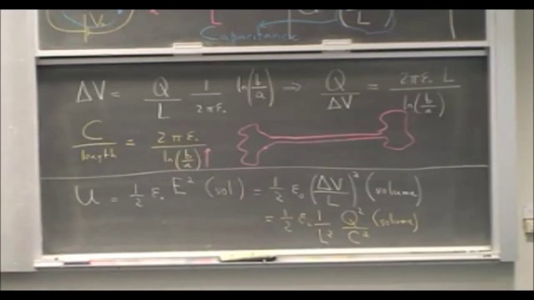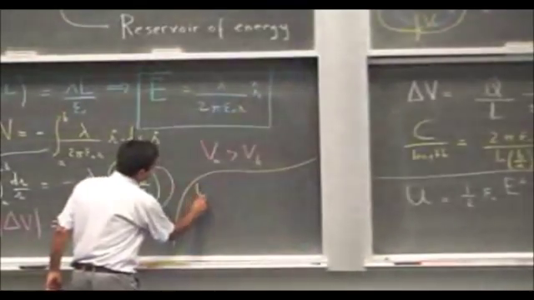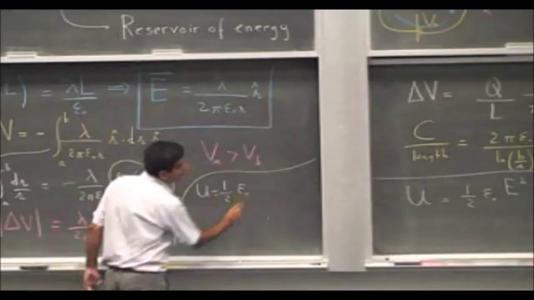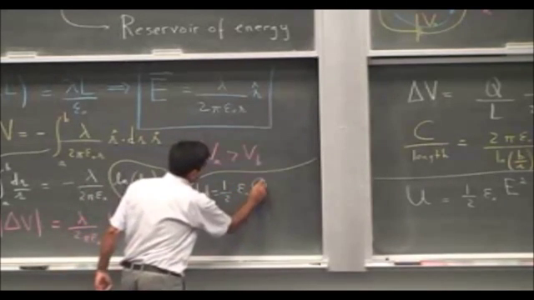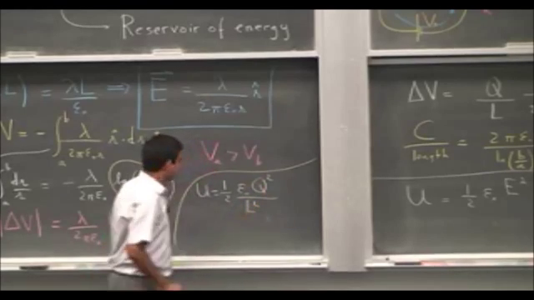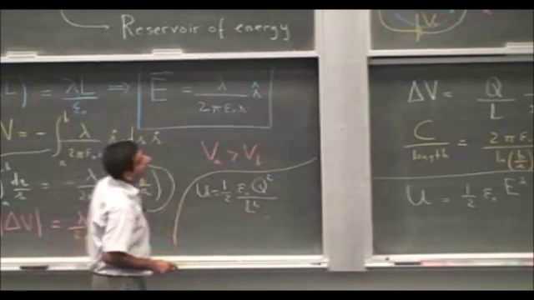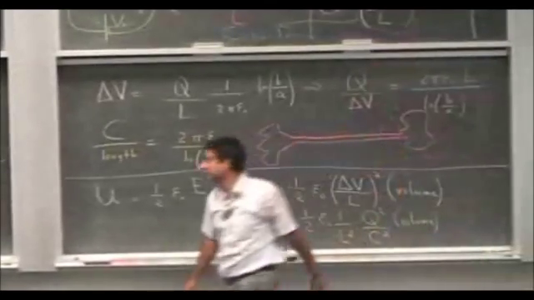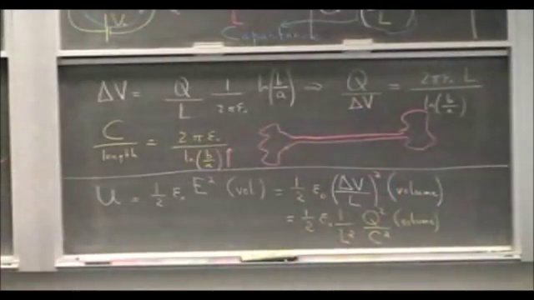I come here, U equals half epsilon naught Q squared L squared. Now what is C? We have the value of C here. This is just epsilon naught A over L. So C squared is epsilon naught squared A squared over L squared.